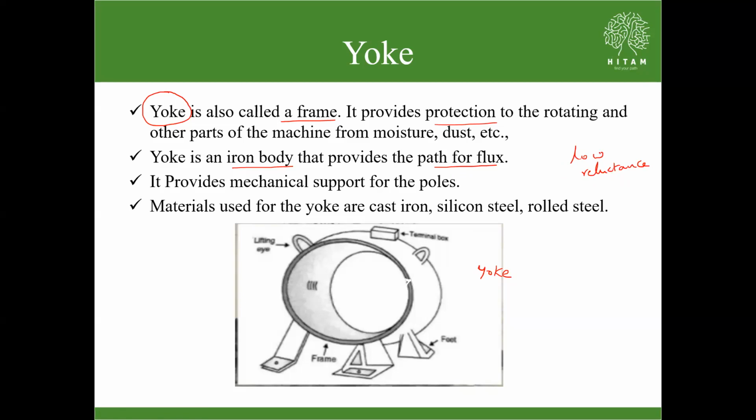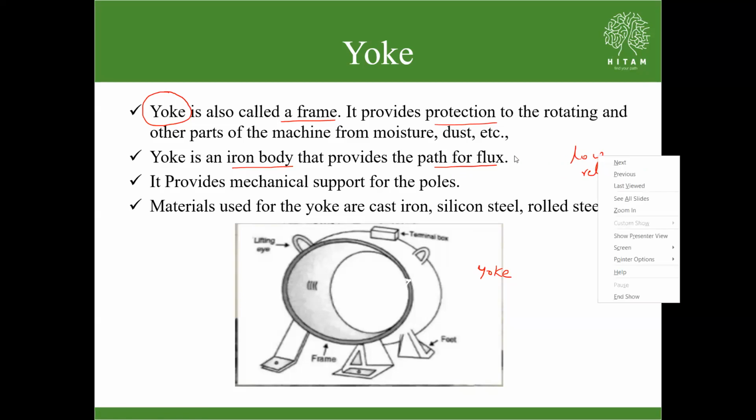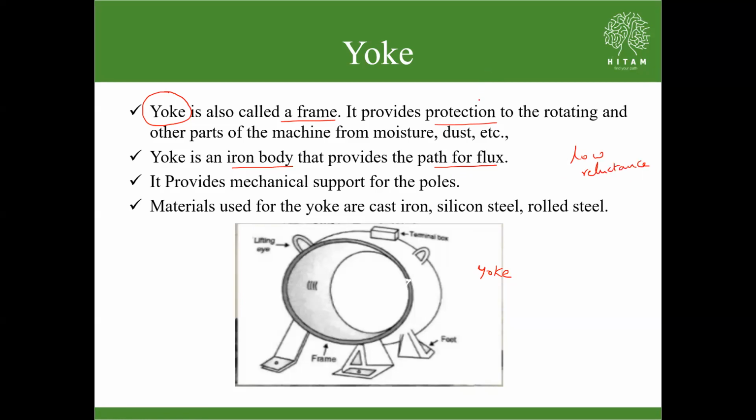That's the reason we need low reluctance: it allows the maximum amount of flux, and it provides mechanical support for the poles, as we discussed till now. The material we use for the yoke is cast iron, as I mentioned. Somewhere we can go for silicon steel and rolled steel, but the majority of DC machines use cast iron for manufacturing the yoke.